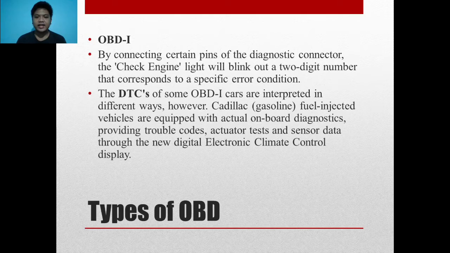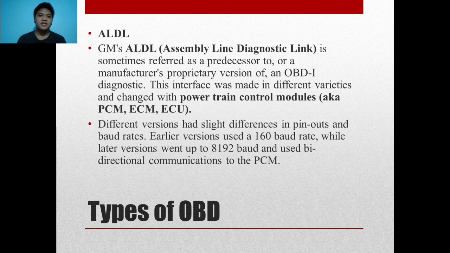However, Cadillac fuel-injected vehicles were equipped with an actual on-board diagnostics providing trouble codes, actuator tests, and sensor data through the digital electronic climate control display. ALDL: GM's assembly line diagnostic link is sometimes referred to as a predecessor to, or a manufacturer's proprietary version of, an OBD1 diagnostic.